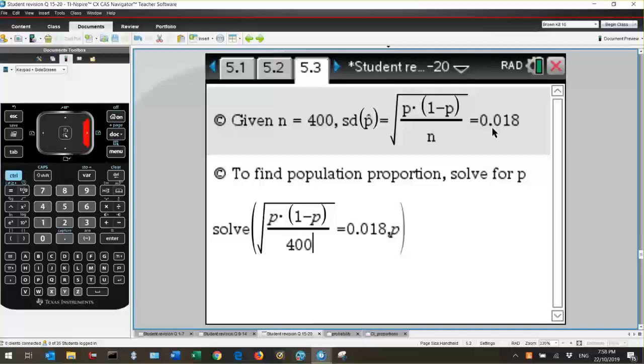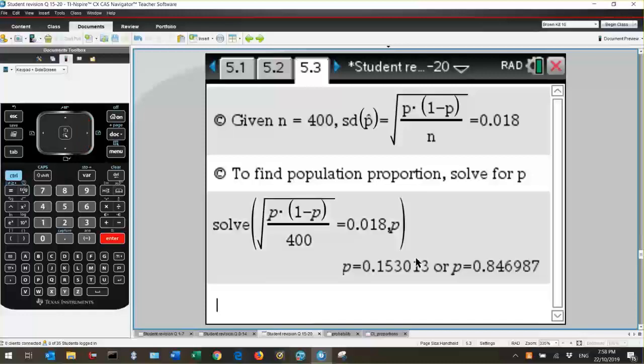So if I solve the formula for standard deviation equal to 0.018 for P, I can find the value of the true population proportion. Now, there are two possible answers, but we're told that less than half of the jelly beans are black, so it must be the smaller answer. So that's the true population proportion, about 0.153.